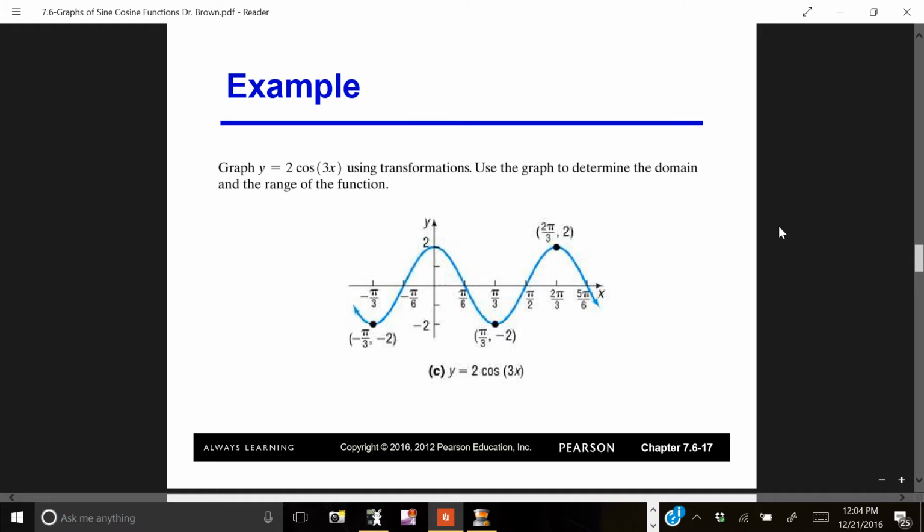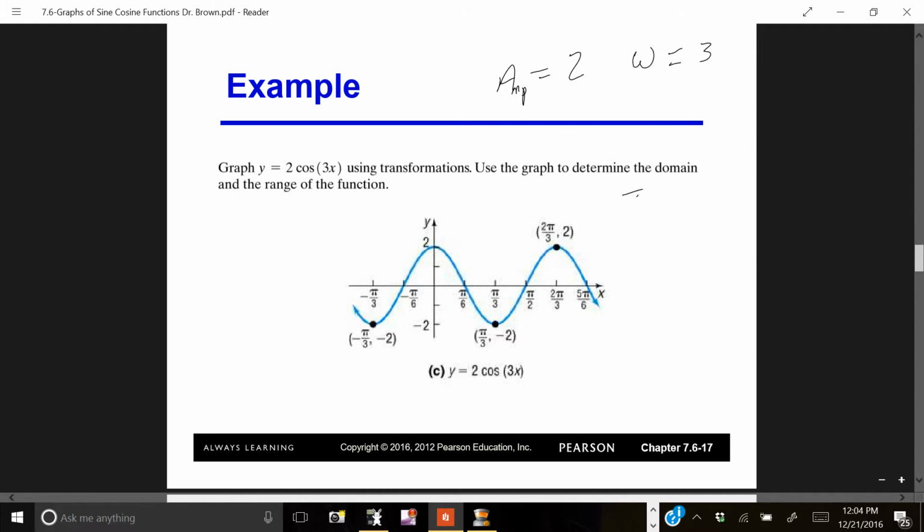Now, let's do another example here. We want to graph y equal 2 cosine of 3x. Here the amplitude is 2. And omega is equal to 3.